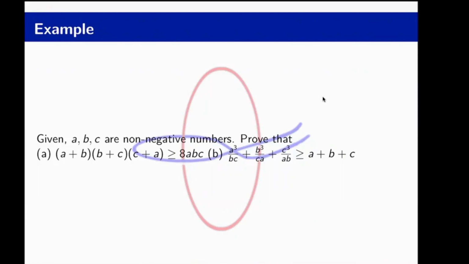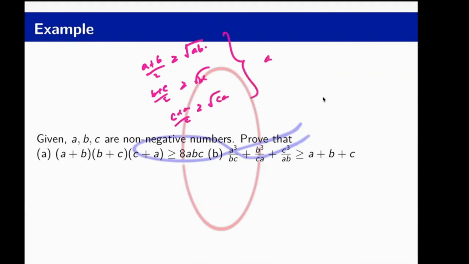Suppose we are given to prove this thing. Now, (a plus b) by 2 is always greater than or equal to root of ab, (b plus c) by 2 is always greater than or equal to root of bc, and (c plus a) by 2 is greater than or equal to root of ca.